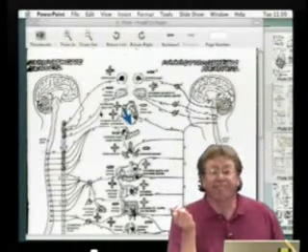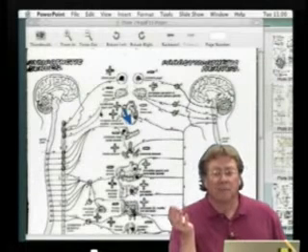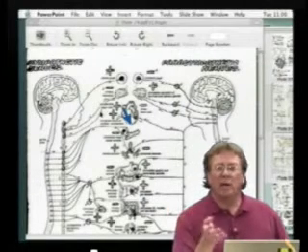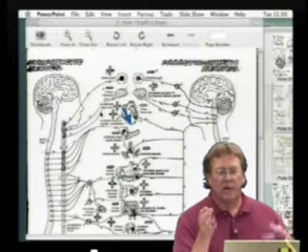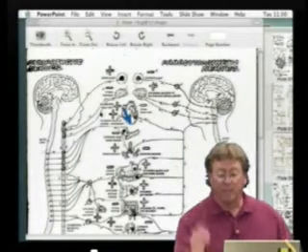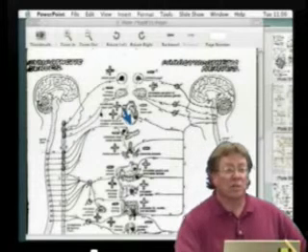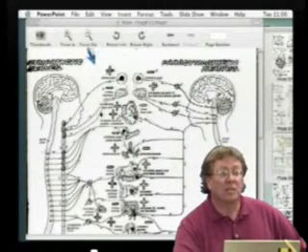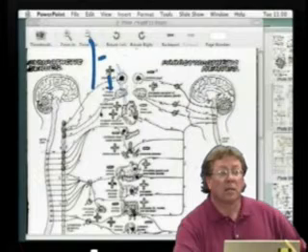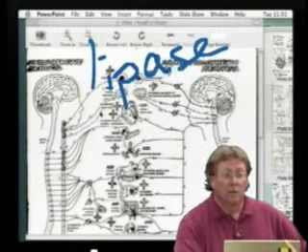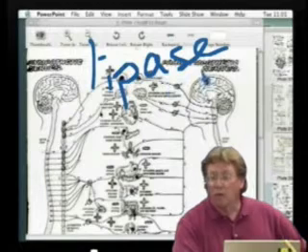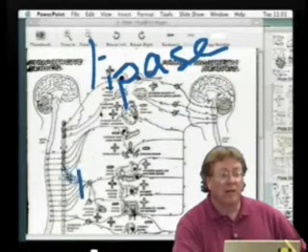Adipose tissue, fats. Vegetative state, you want to store up fats. Exercise, you want to mobilize them. The sympathetic nervous cell stimulates the activity of an enzyme called lipase. Lipase breaks down lipids into fats.